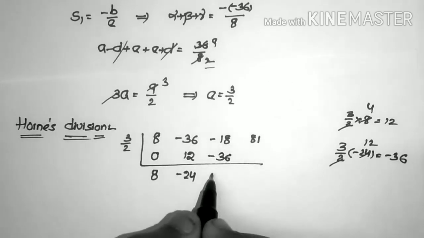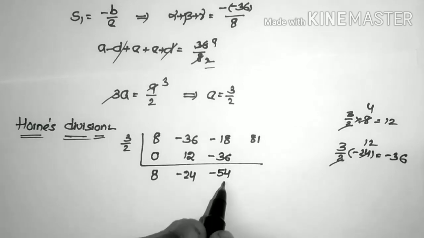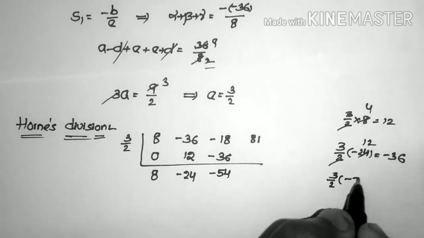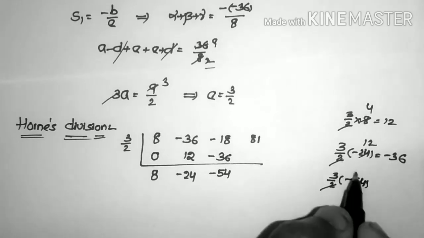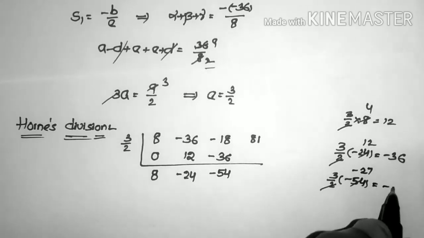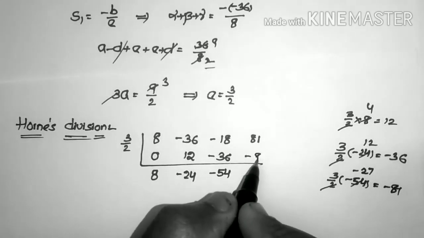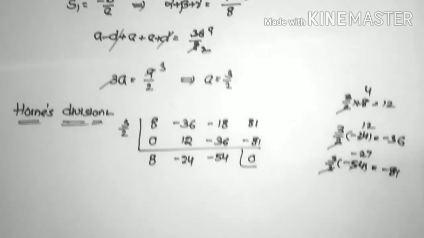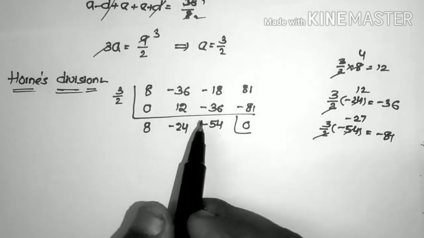Now add these two numbers: minus 54. Again take the cross product here, 3 by 2 into minus 54, cancelled by minus 27, 3 into minus 27 is equal to minus 81. That gives 0. This is the procedure of the Horner division.